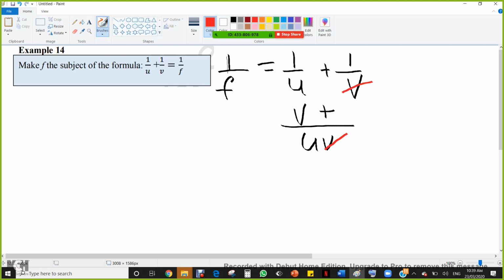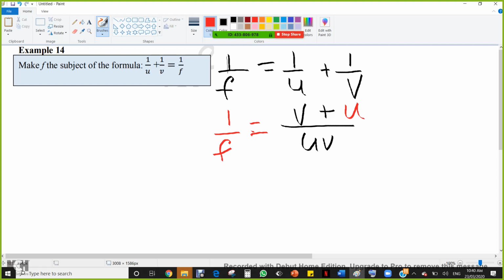This v and this v will cancel off with each other, so you're left with u. U by 1 will give us u. Right? And of course, 1 over f is equal to all of that. Now, any questions before I move on?